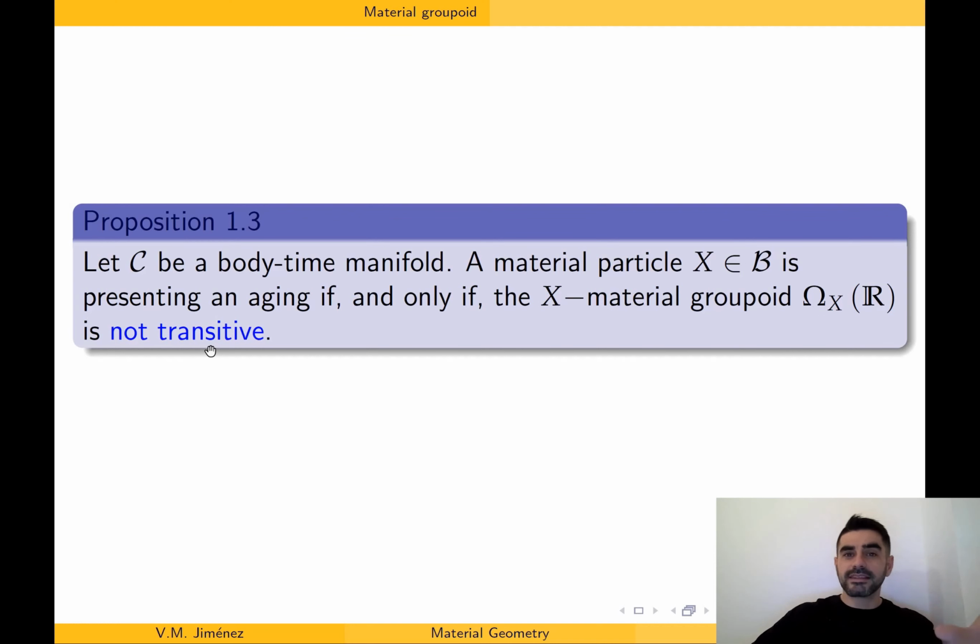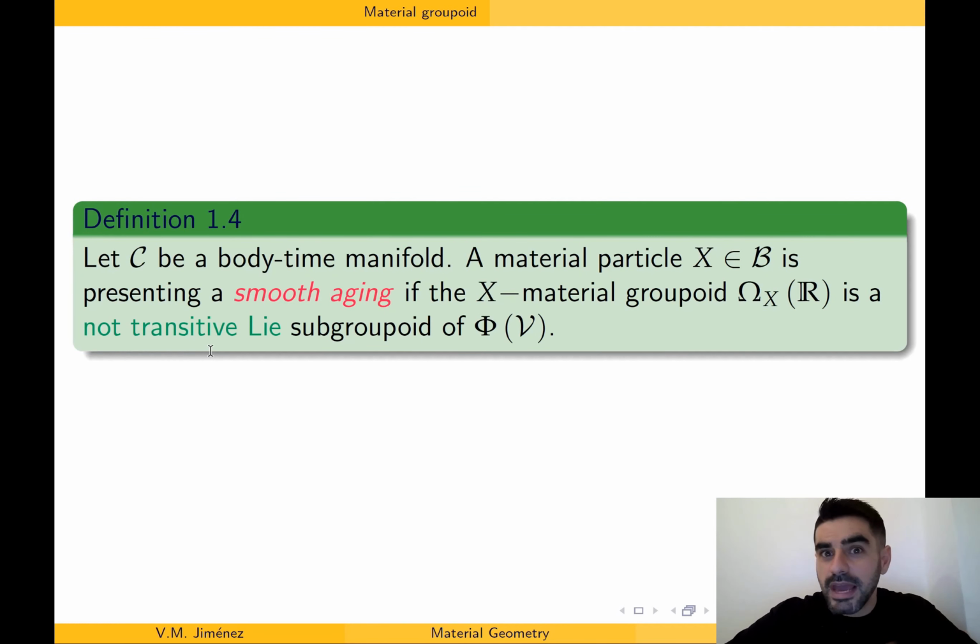So okay, transitive, remodeling, and Lie, smoothness. So how could we define the smooth aging? As you can imagine, a particle is presenting a smooth aging if the material groupoid is not transitive but is a Lie subgroupoid of the frame groupoid. So we have a very natural definition for a smooth aging in here.